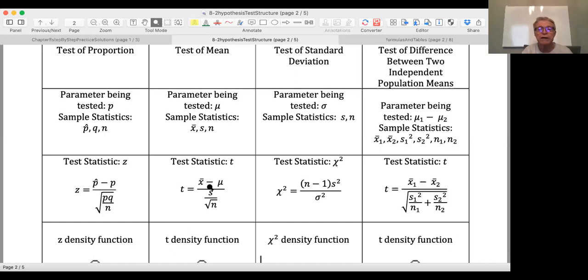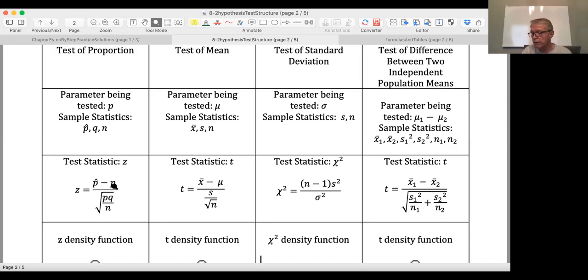In the test of the mean, we've got x bar, which is an estimate of mu. And in the test of standard deviation, we've got S, which is the sample statistic estimate for sigma, okay? And it's comparing these two things.